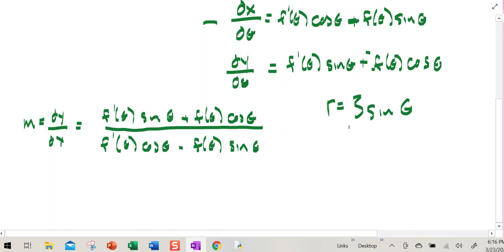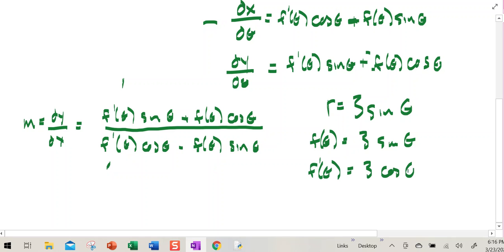This is f of theta. F of theta is 3 sine of theta. So in both the numerator and the denominator, we need to find the derivative of that. So f prime of theta is 3 cosine theta.